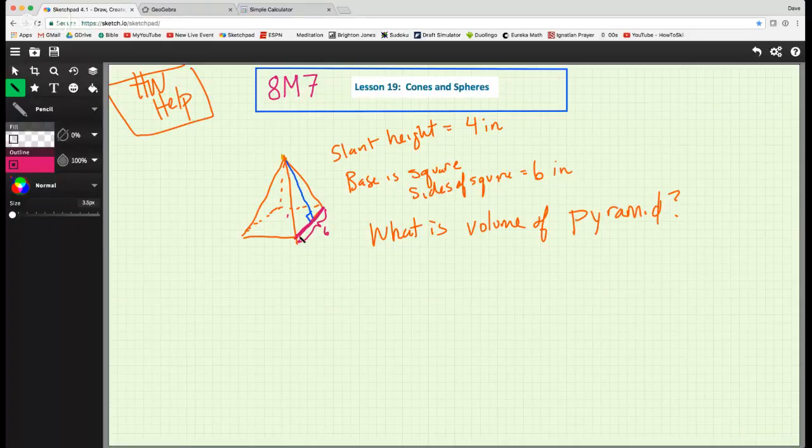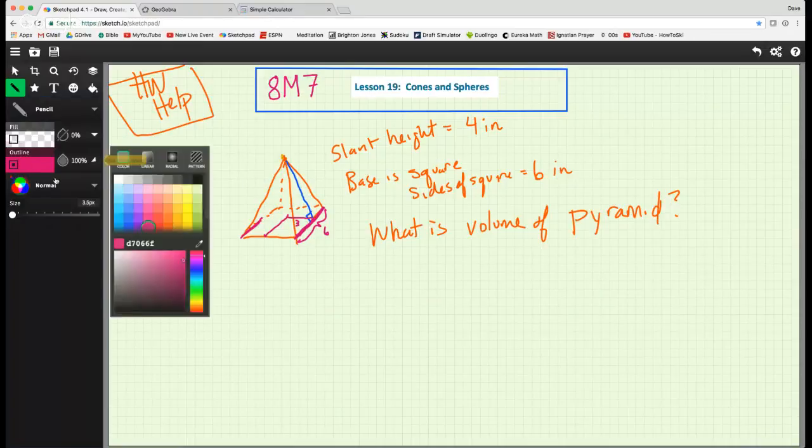So if it's 3 along one of the sides, and it's 3 along from here to here, then from the center to the middle is going to also be 3. Okay, so here we have 3. And along this blue line, we have 4.